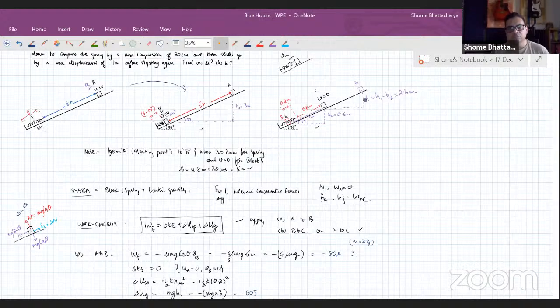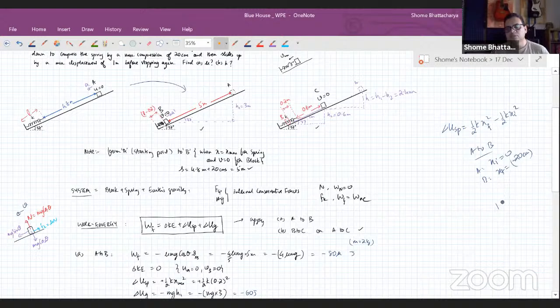Change in potential energy, the formula is, the change in potential energy of the spring is given by final potential energy minus initial potential energy. So when we are going from A to B, at A the position of the spring is 0. At B, it is compressed by 20 centimeters, so it's minus 20 centimeters.